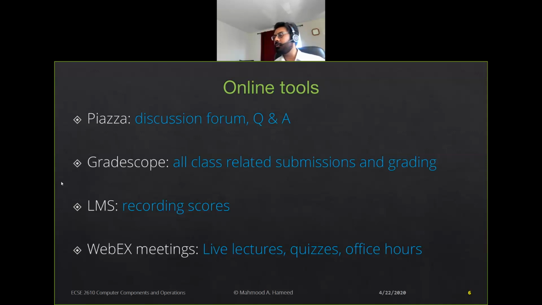Okay, polling ended. So it looks like those are the results here. About 27%, 3 out of 11 have chosen Piazza, 3 out of 11 have chosen Gradescope, 2 each for LMS and WebEx Teams, and nobody answered none of the above.